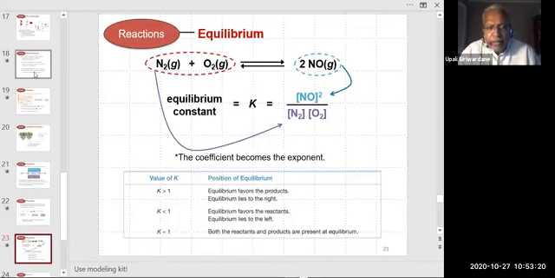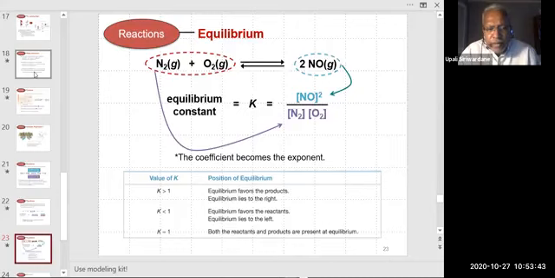The value of K tells you something about the equilibrium condition. If K is greater than 1, equilibrium favors products. The concentrations of the reactants are small, and equilibrium lies to the right, towards the product side.